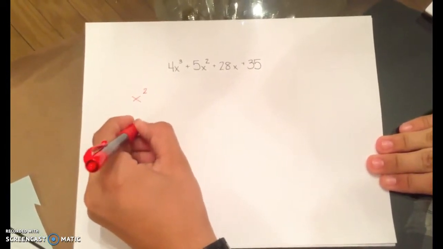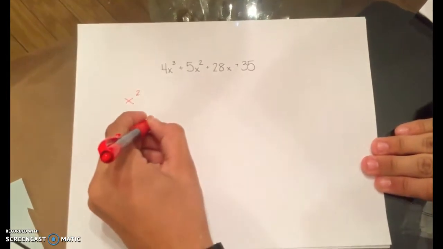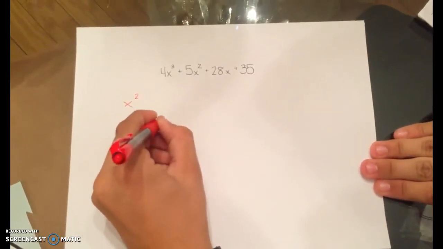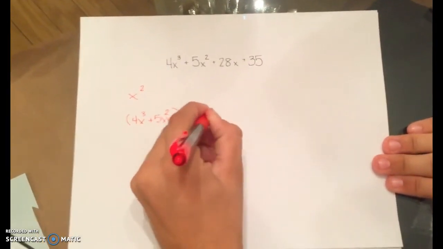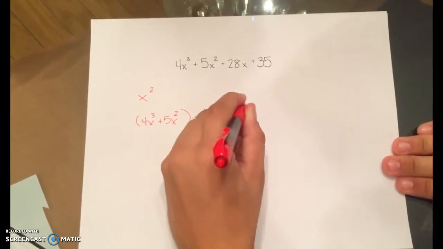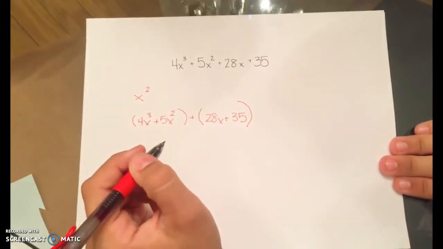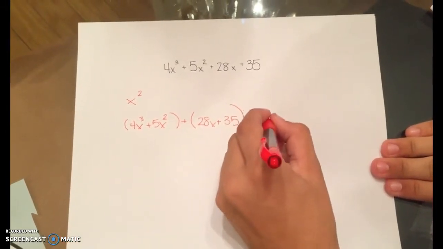You're going to want to start by taking out the common factors of both of the groups after you group them together. That is going to leave you with the 4x to the third plus 5x squared in parentheses, and then plus the 28x plus 35 in a separate parenthesis.